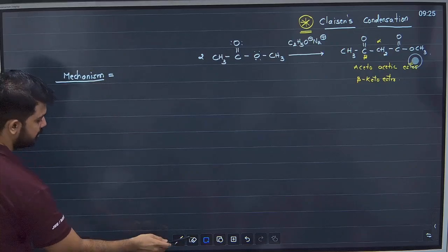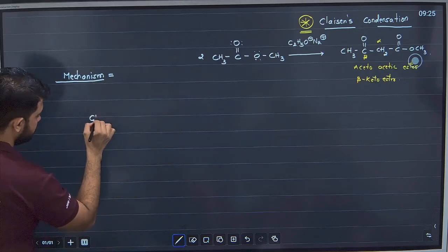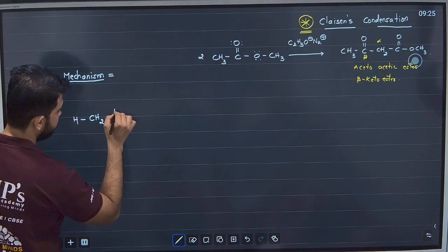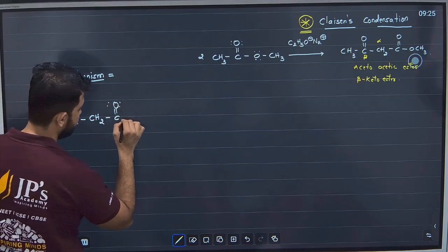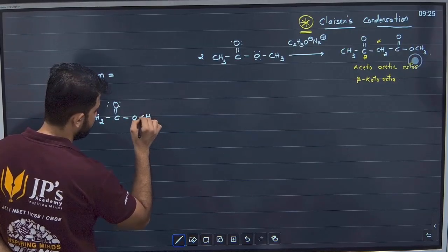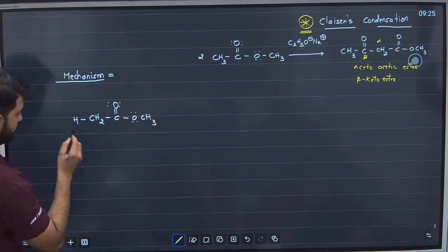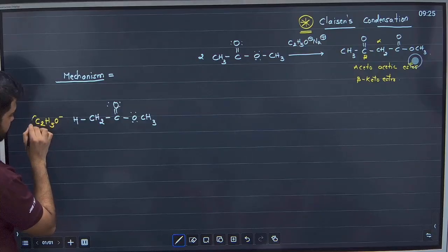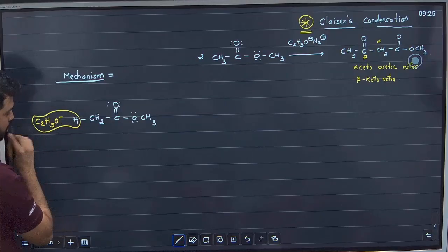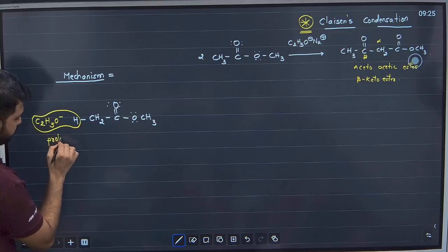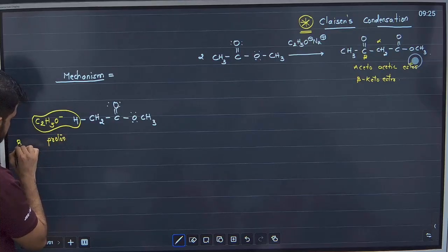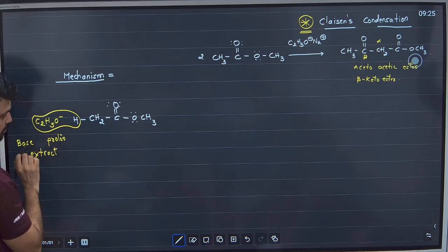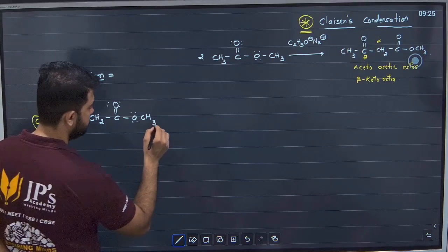So this is your ester, ठीक है, and the base will extract a proton. This is base extracts proton. So what do we have here?